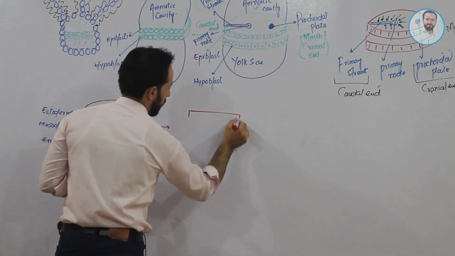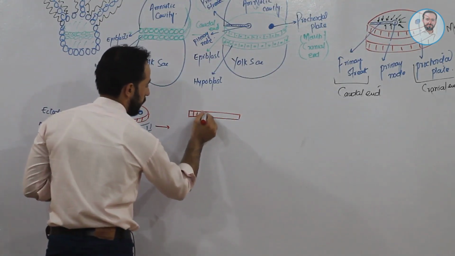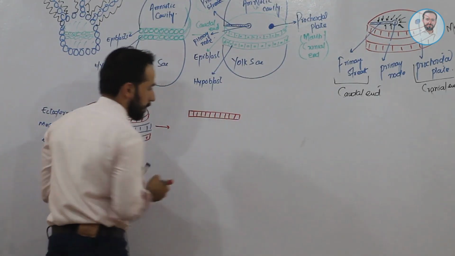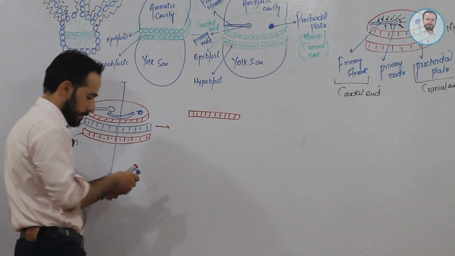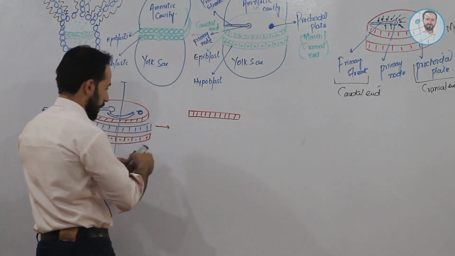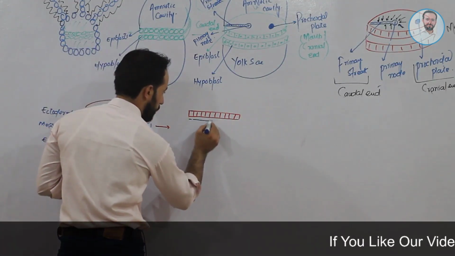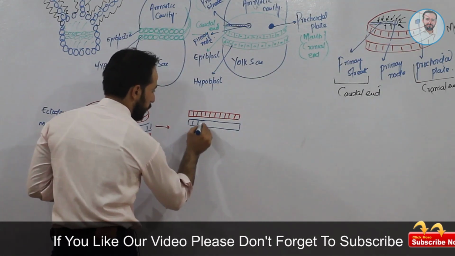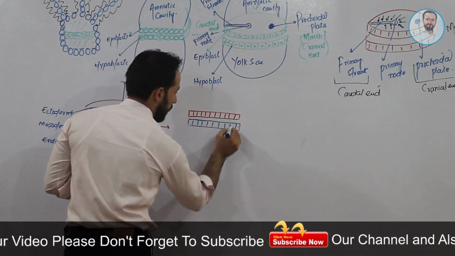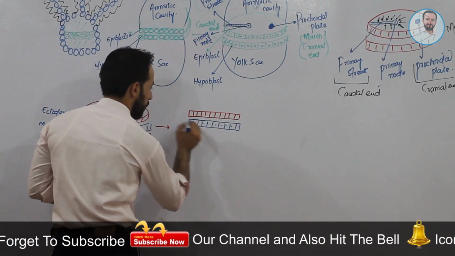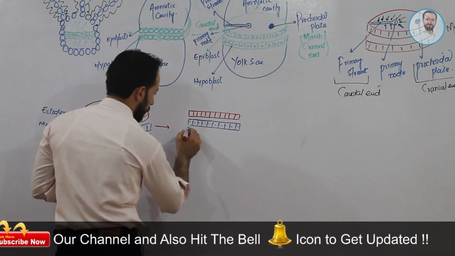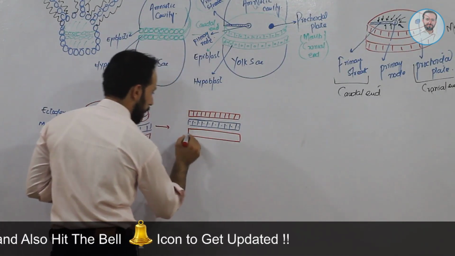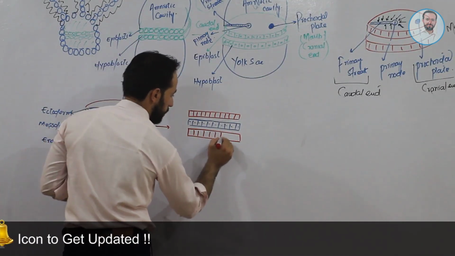For example, this is our ectoderm, right? Here is our mesoderm. This is our mesoderm, and then we have endoderm.